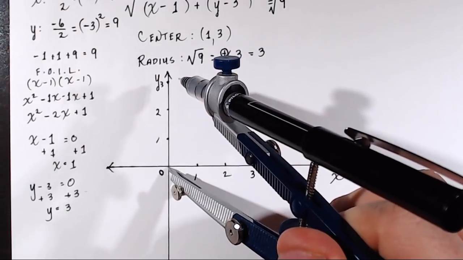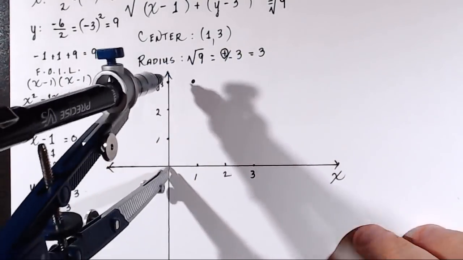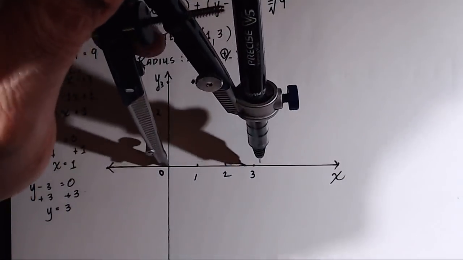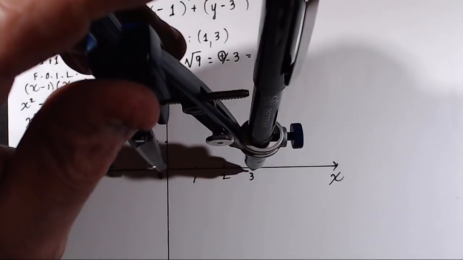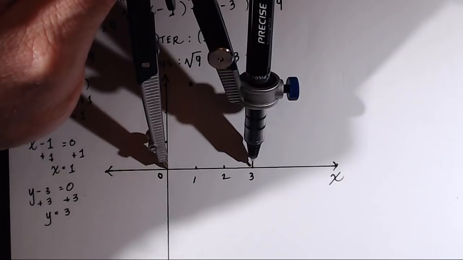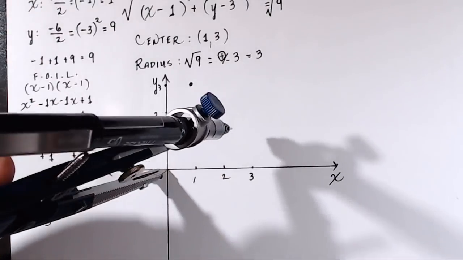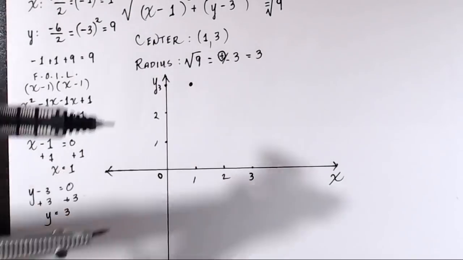So if I put the point at 0, 0, I can actually measure out, according to my graph, what 3 would be within the context of this graph. 3 units is right there. You see, I've made myself a little ruler on the page. And so that's now distance 3.